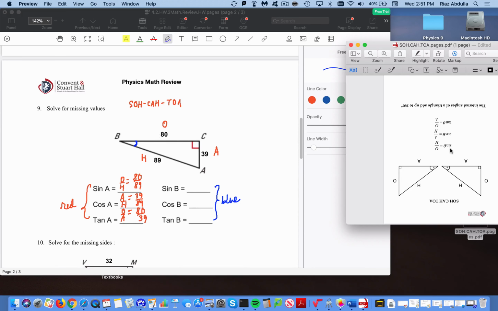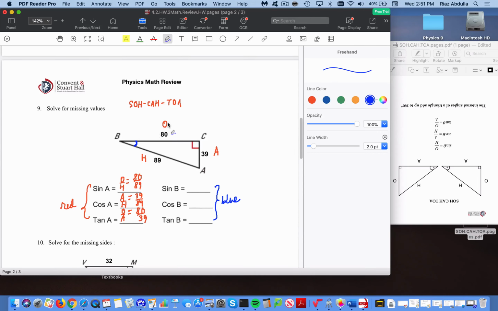Now I'm going to use my labels A, O, and H on this triangle. I'm going to get rid of these letters and rename them. We're going to have A right here, O right here, and H right here.